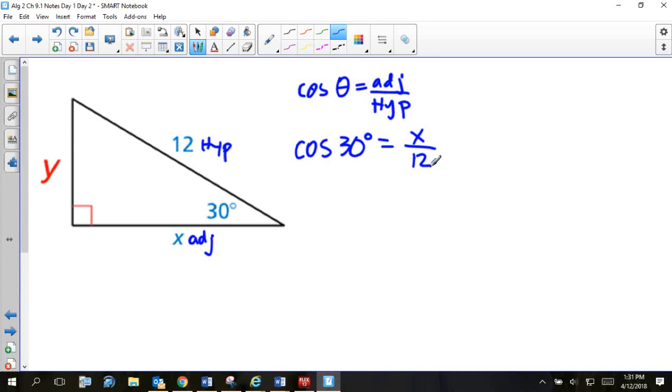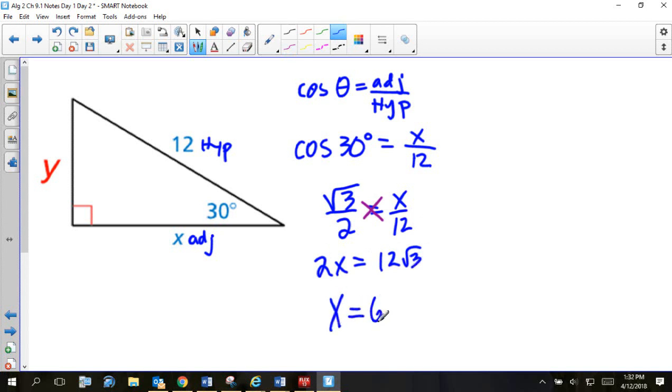So Tim, what is the cosine of 30 degrees? So radical 3 over 2 equals x over 12. Cross multiply. So x is 12 radical 3, so x is 6 radical 3.